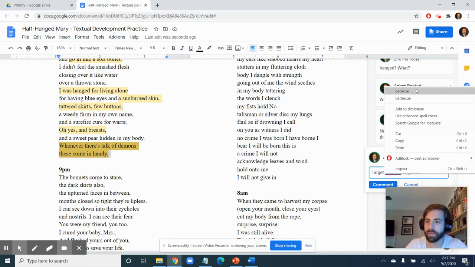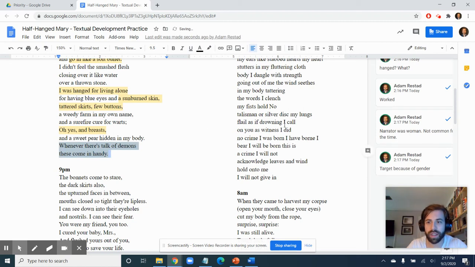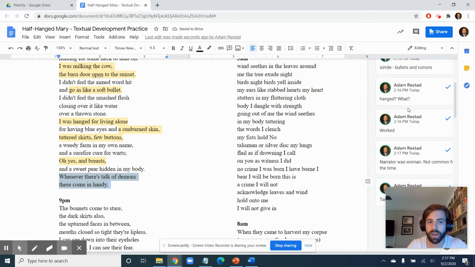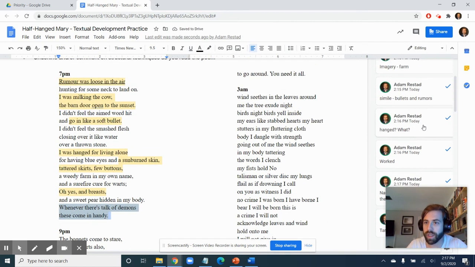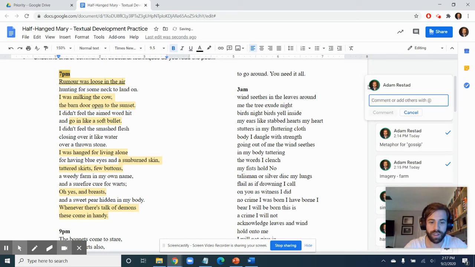Okay. Now that I've kind of gone through and taken a look at some of these metaphors and some of this imagery, I get a real good sense of what this first stanza is about, and I think I could summarize it. So, summary.